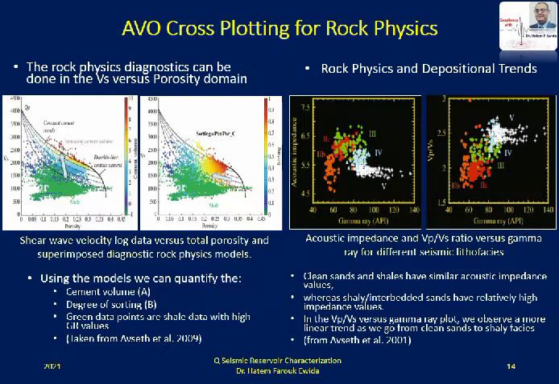So you can interpret what I mean. Each color represents a lithology. So, for example, what you have seen in these plots is that a clean sand and shales have similar acoustic impedance values, and the shaly sand has a relatively high impedance value. So we can interpret that, and all of this comes from the seismic using the AVO method.